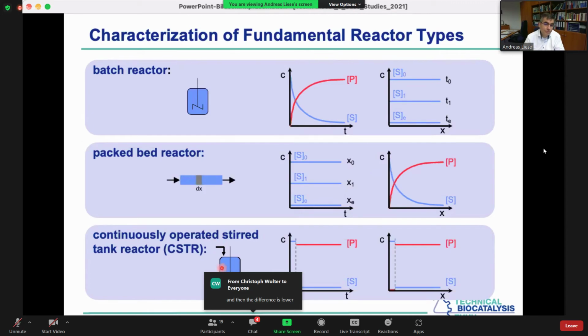in this plot, it means we have less time for conversion. In other terms, the product amount we're forming is dropping, and because we have less time for reaction, the residual starting material is increasing.